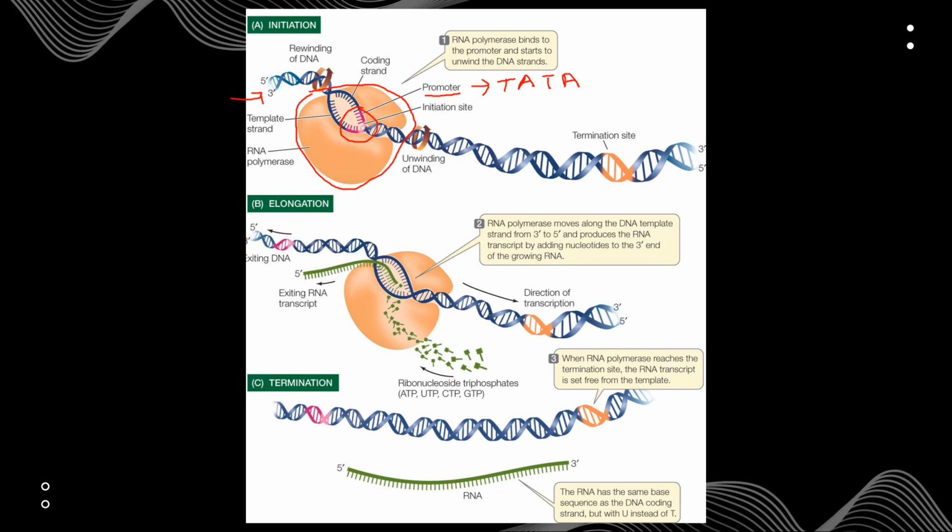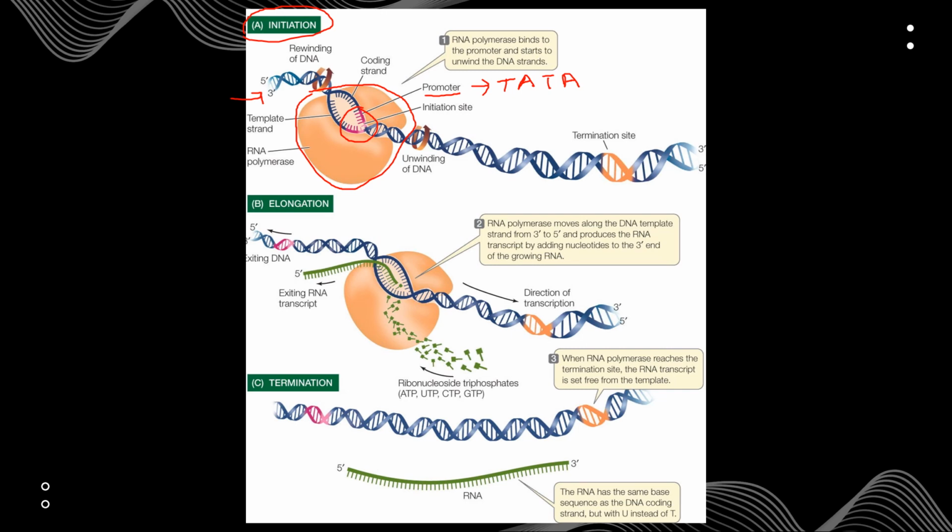RNA polymerase sees this TATA box and goes over there, attaches onto the DNA, and starts unwinding the DNA in that section so that it can start transcribing that DNA and get its RNA transcript. We call this process initiation because we are starting RNA transcription. Thus we are initiating RNA transcription, and that's why we call it initiation.